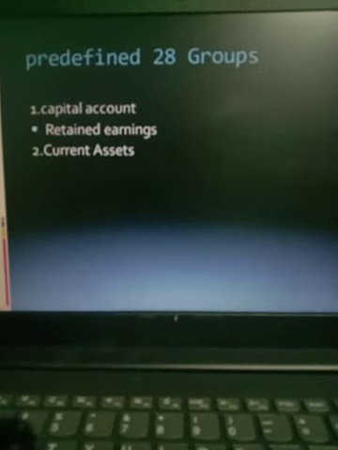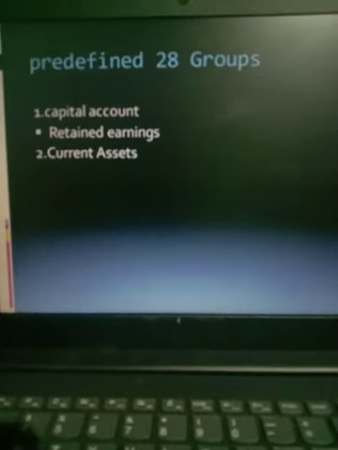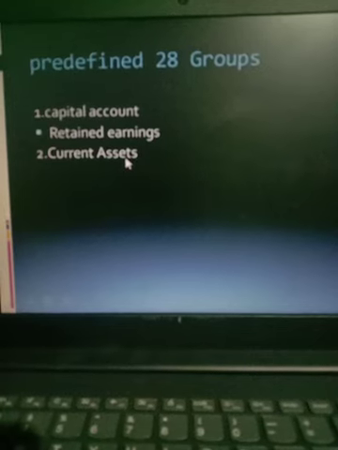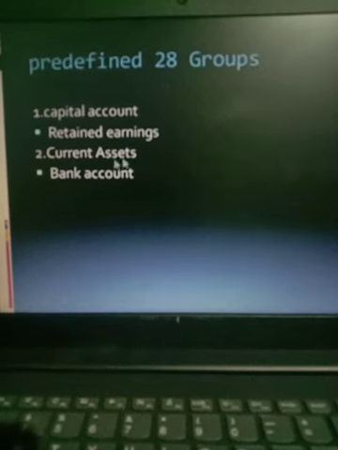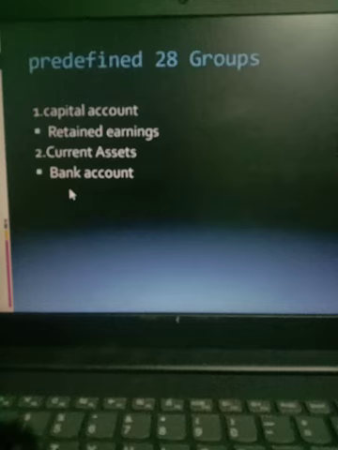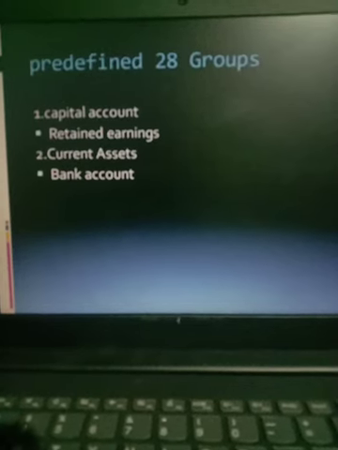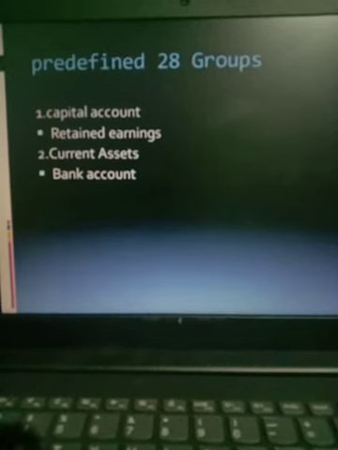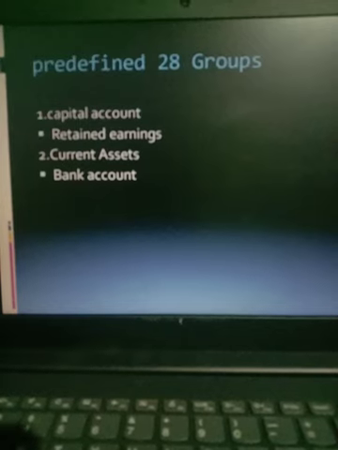Next one is current asset. It is a primary group. Under current assets, bank account is there. Bank account is a subgroup of current asset.